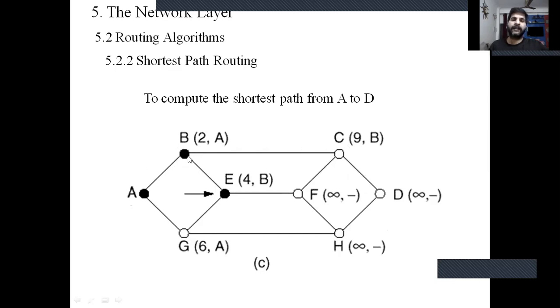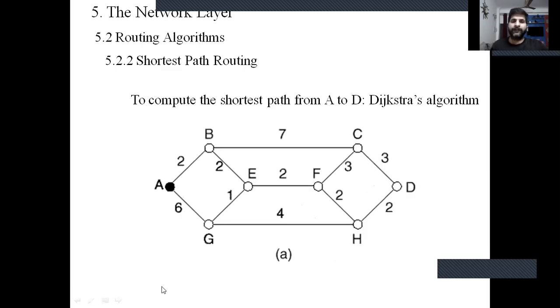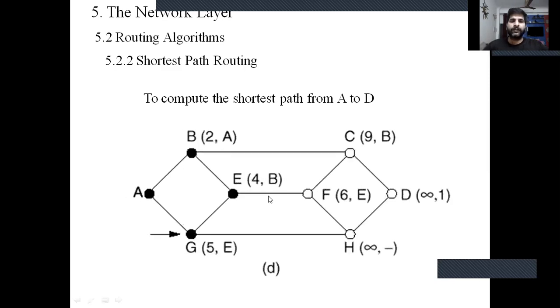We color the node dark. Now the next node distances are 4, 9 and 6. Now we select router E. The packet is flooded from router E, which has two adjacent nodes, E to F and E to G. So E to F, the value is 4 plus 2 equals 6, and E to G is 4 plus 1 equals 5. After this, the value of node G is updated to 5 via E, because the earlier value was 6.